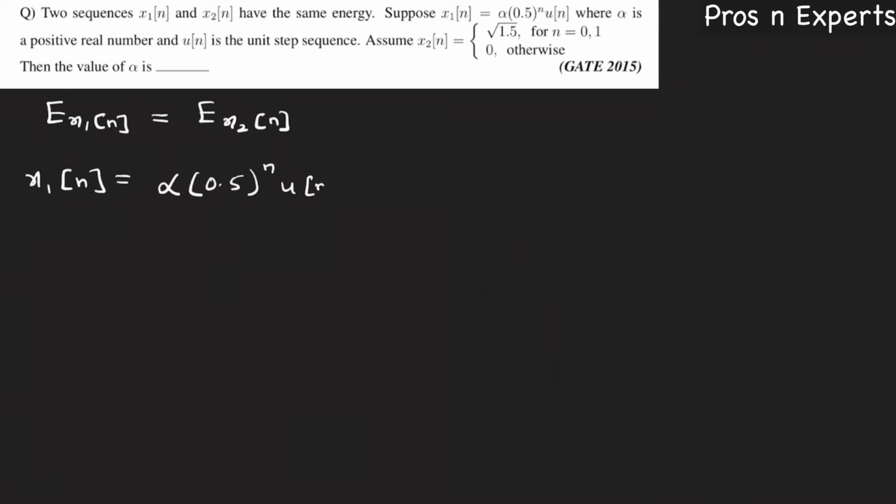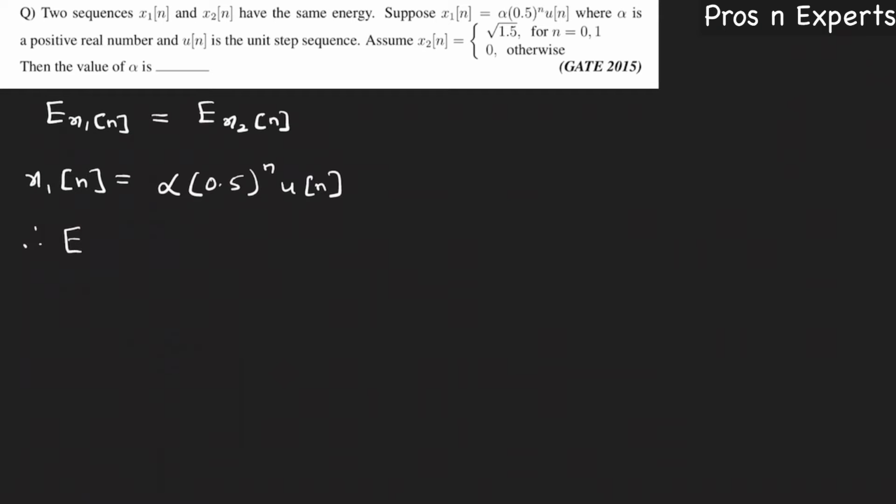Then the value of alpha is, so first, it is given that energy of x1 of n is equal to energy of x2 of n. Now x1 of n is given as a signal alpha times 0.5 to the power n u of n. So what is the energy of x1 of n?